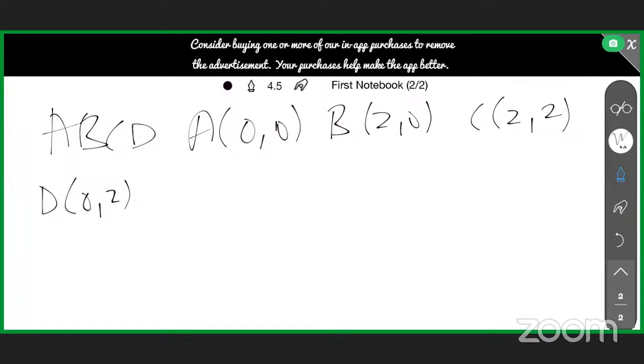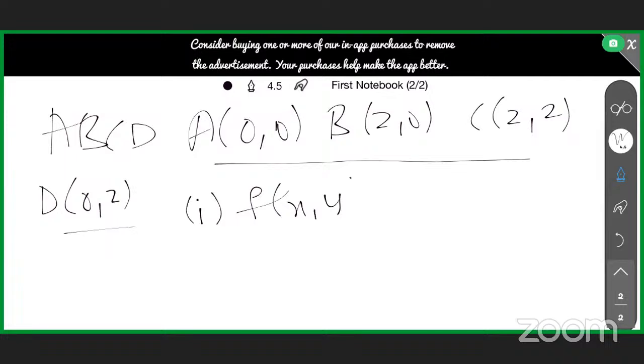That means all of these points are undergoing some transformation. The first transformation is f1 of (x, y) equal to (y, x).